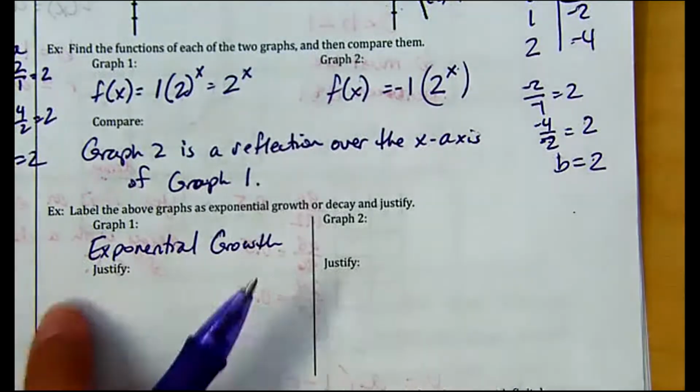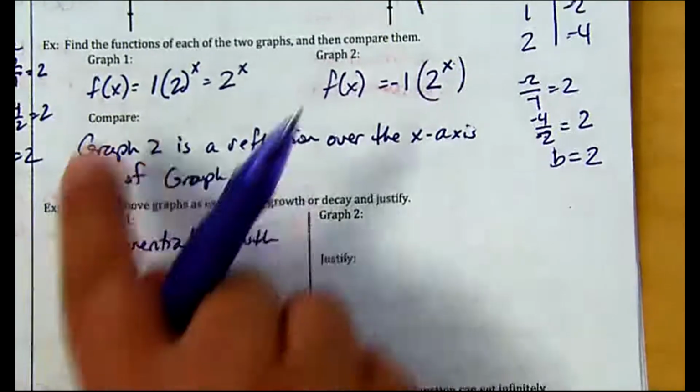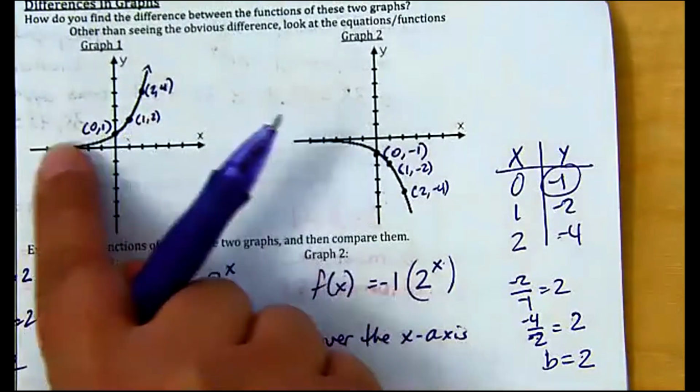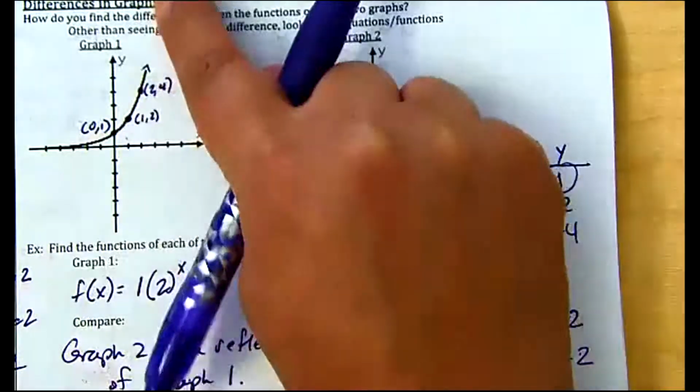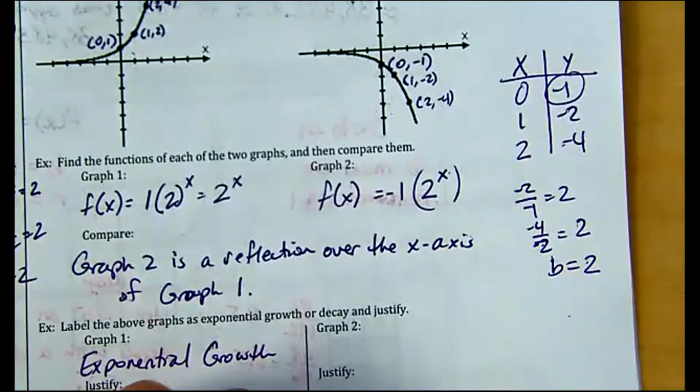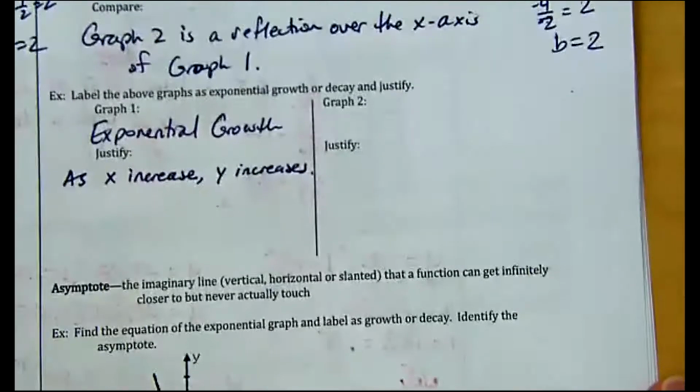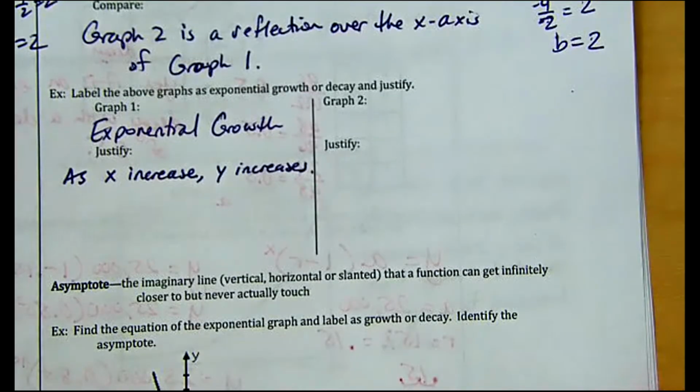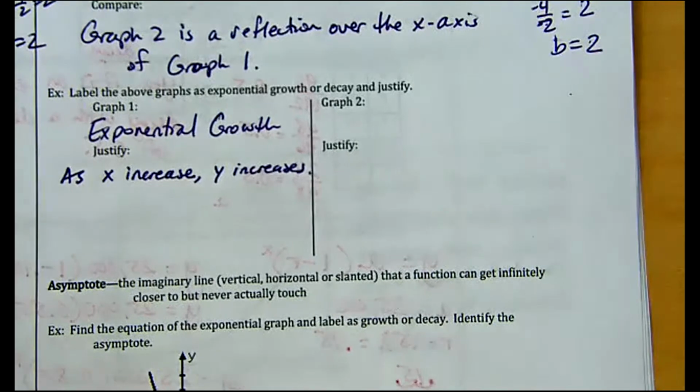Okay, so yes, we have exponential growth because we can see that as x is increasing this way, so is y here, right? So we can say as x increases, y increases. And yes, of course, Oswaldo brought up the fact that y is being doubled, okay?